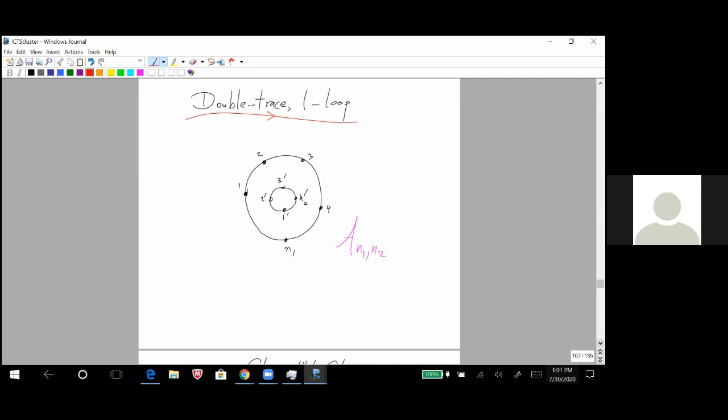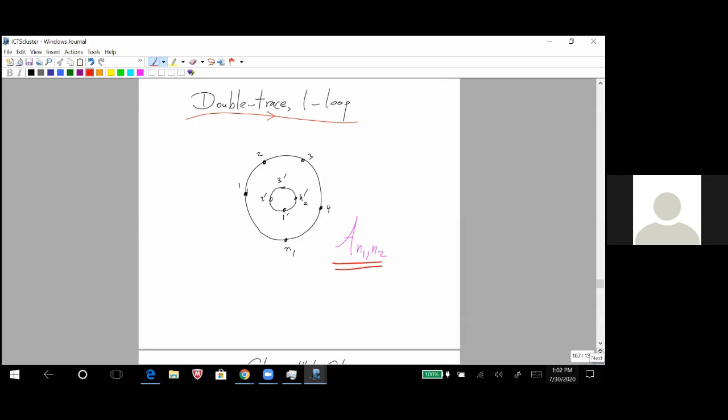So let's say I'm interested in one loop double trace diagrams. So this is subleading in N, but double trace at one loop would be given by triangulations of this surface. Just an annulus with n1 points on the outside and n2 points on the inside. So we can call this surface A, n1, n2.